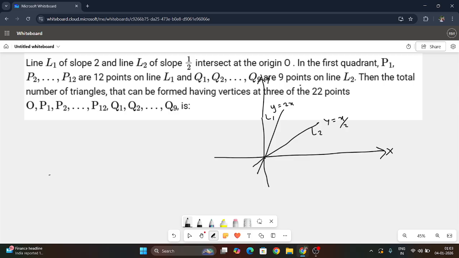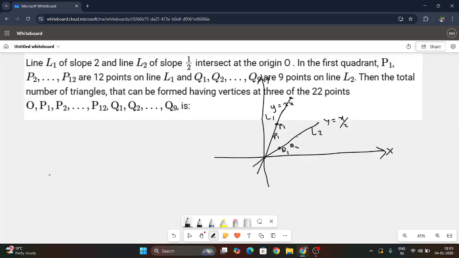Okay, now in the first quadrant, P1, P2, P3, up to P12 are the points on line L1. Okay, suppose that I am choosing these points. This is P1, P2, P3, and in this way you can write P12 also. Okay, P12, and on line L2, these points are Q1, Q2, Q3, Q4, up to Q9.